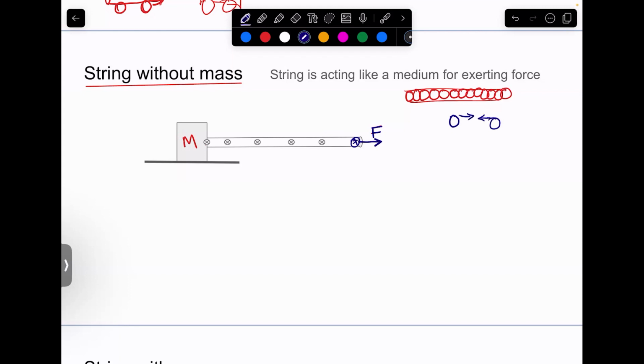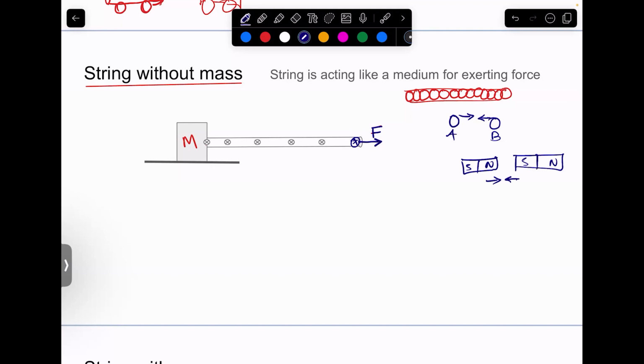So what will happen? Molecule A and B are there. B will attract A and A will attract B. It's kind of like two magnets. If you imagine two magnets like this with the north and south pole, and again here south and north, both of them will attract each other.